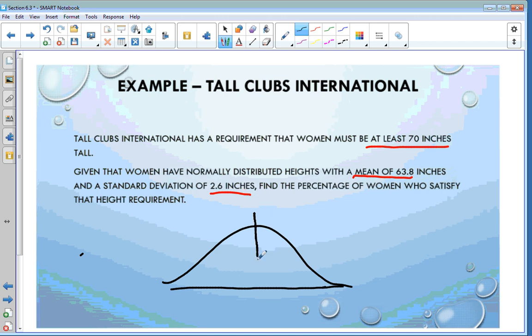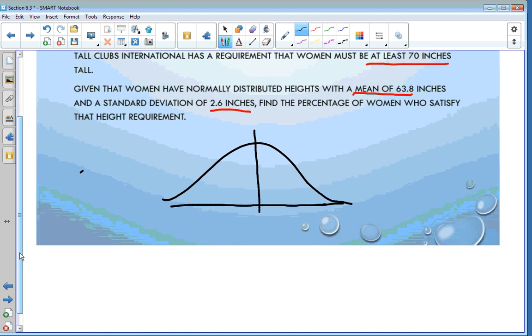And we know right in the center is mu, right in the center is our mean. So we have a mean of 63.8. We also know that the mean mu in our standard deviation is where z is equal to 0. We found that last time.